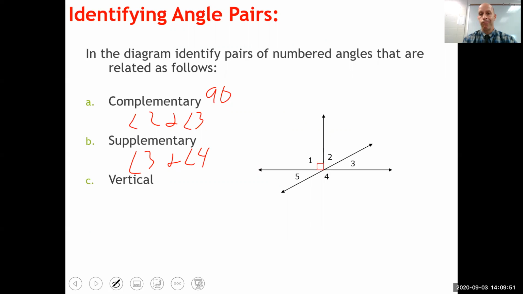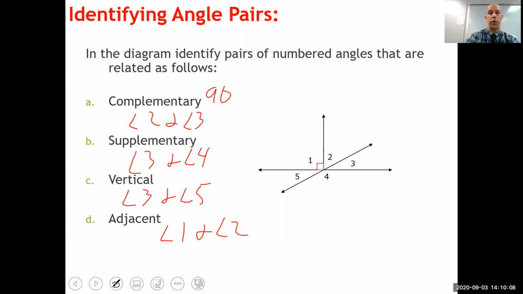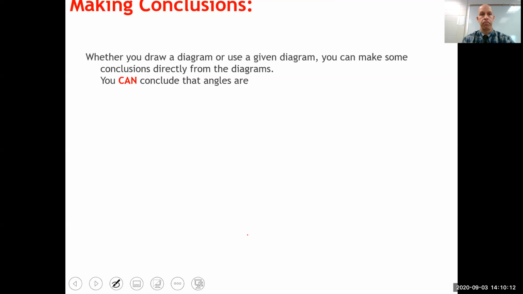Vertical angles: I think angle 3 and angle 5, and I think that's the only example in this one. Supplementary, there were some other ones. And then adjacent angles, there's a whole bunch of them. I'm just going to say angle 1 and angle 2. Those are adjacent. Again, there's more than one answer on some of these.